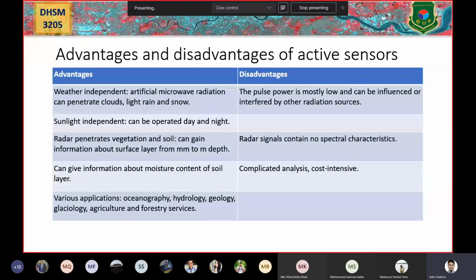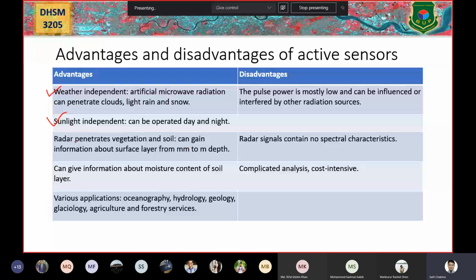Furthermore, we have discussed 2 points from these advantages. The radar can penetrate vegetation and soil. I might have said this wrong.